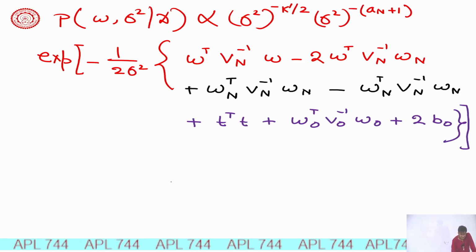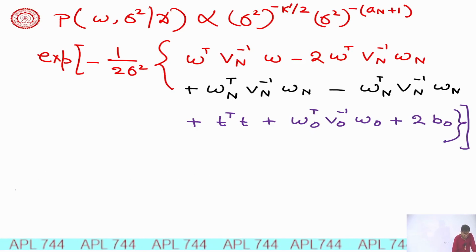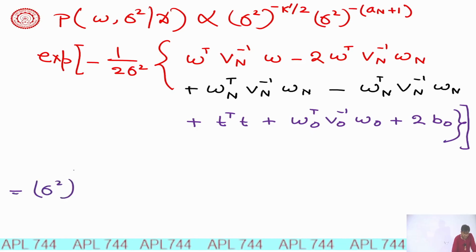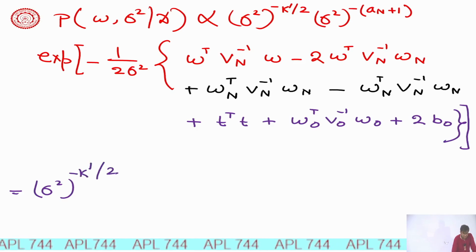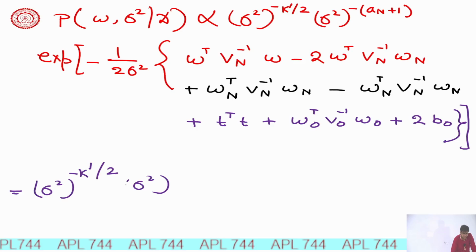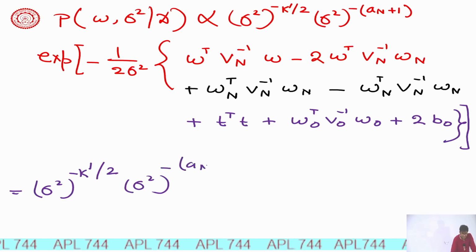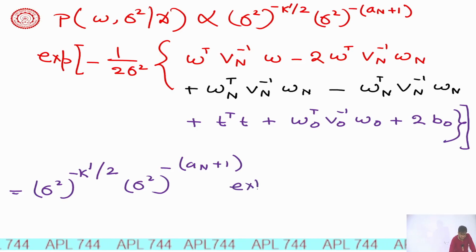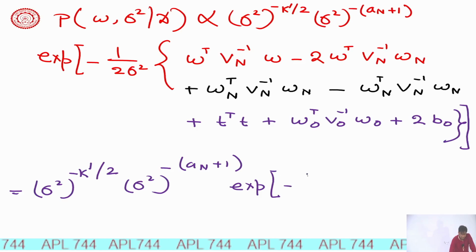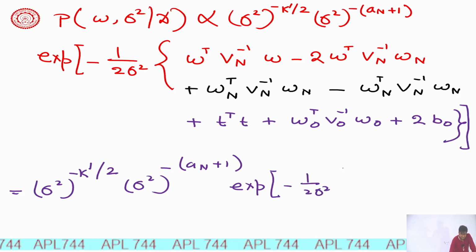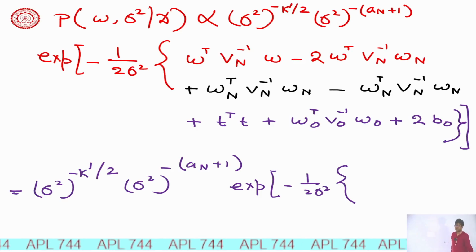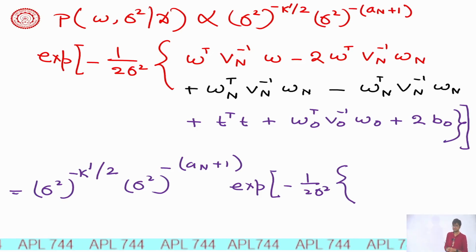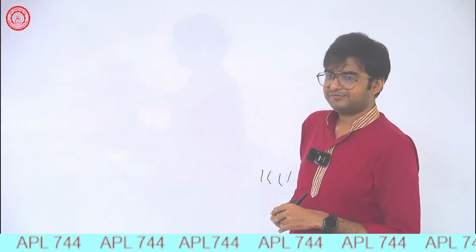Okay. So now this is then equal to sigma square to the power minus k dash by 2, sigma square to the power minus a_n plus 1, exponential minus 1 by 2 sigma square. And now tell me the first three terms, if I combine them, how can I write it? The first three terms.